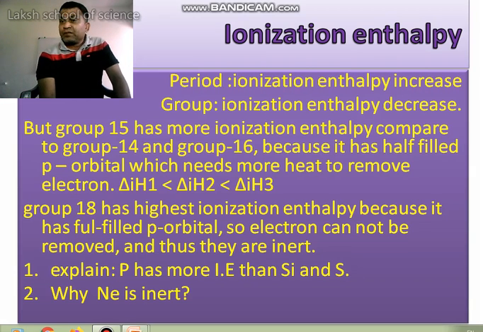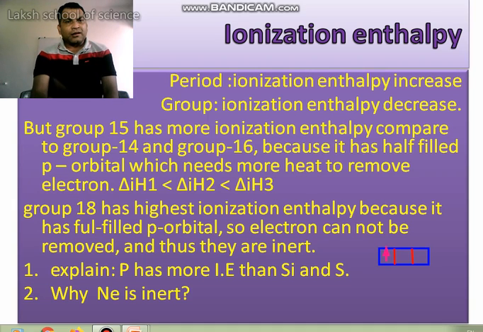But group 15 has more ionization enthalpy compared to group 14 and group 16, because it has half filled p orbitals. Now I am going to explain how. Suppose this is the P block, and the P block has three parts. This is one box and this is another box.